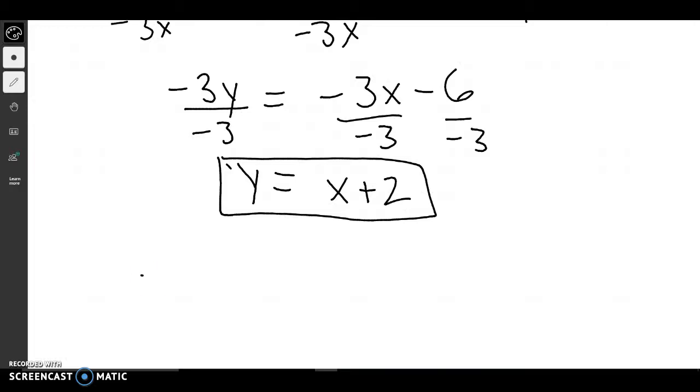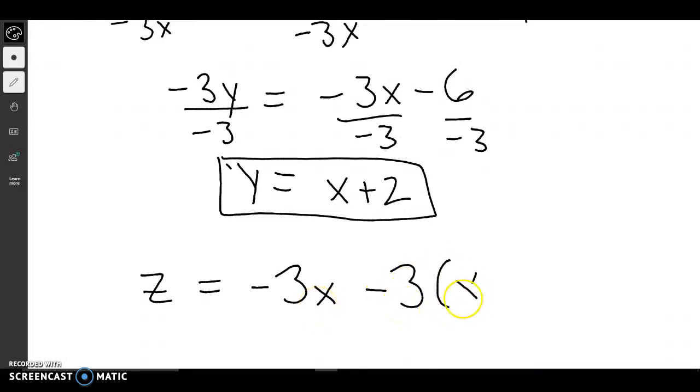So I have that z is equal to negative 3x minus 3y, but instead of writing y, I'm going to write what we found, which is x plus 2, plus 9.